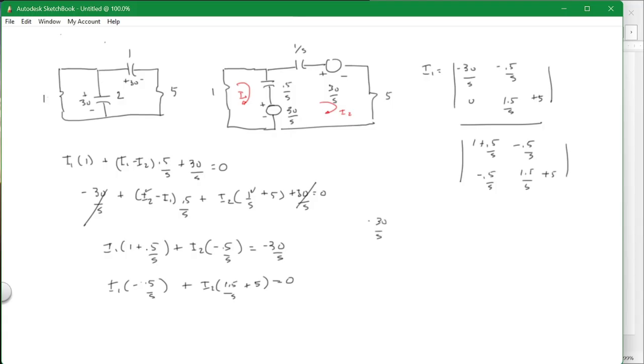Minus 30 over S times 1.5 over S plus 5, over 1 plus 0.5 over S times 1.5 over S plus 5, plus, minus 10, minus 0.5 over S quantity squared.